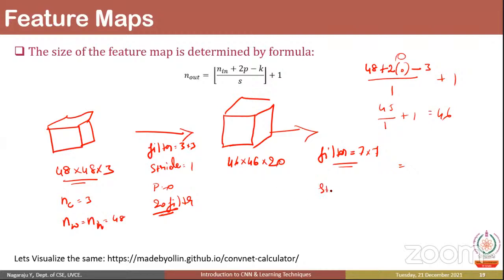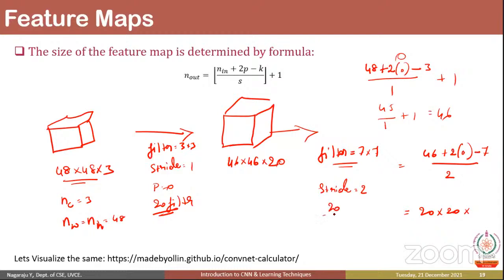Sorry, I'll take stride as 2, then only we will get to know the difference. So it is 46 plus 2 × 0 minus 7, divided by 2. So we are going to get 20 × 20 into filters.